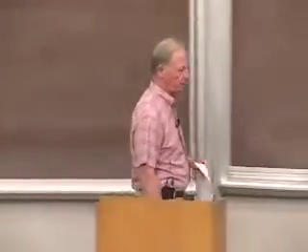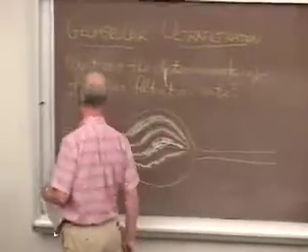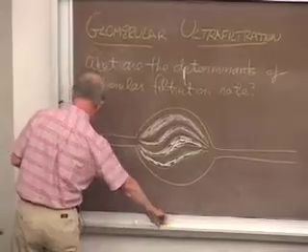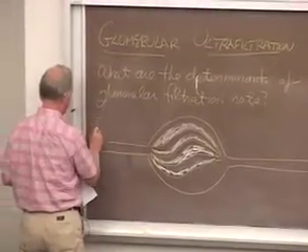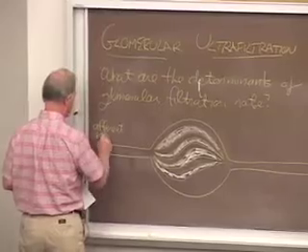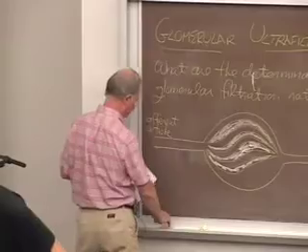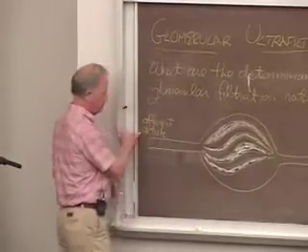And if you can get some semblance of that in your notes, the idea would be that blood is entering a glomerulus through the afferent arteriole.